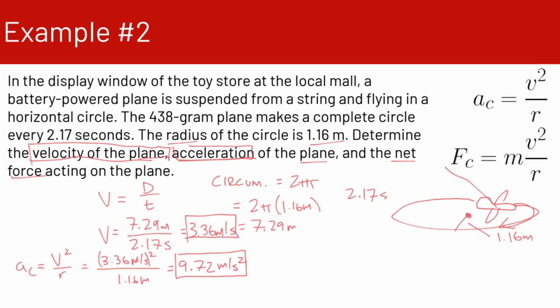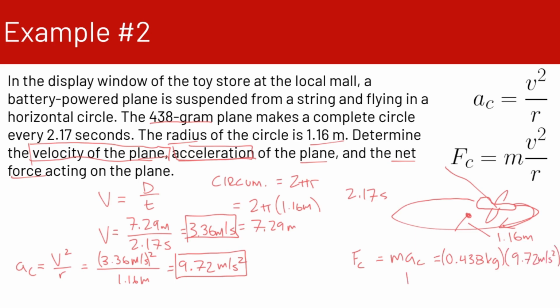And then we want to know the net force. The net force, the centripetal force acting on the plane, is going to be the mass times the centripetal acceleration, or v squared over r, which we just figured out. The mass of the plane is 438 grams, and we want to convert that into kilograms, so that's 0.438 kilograms, times our acceleration of 9.72 meters per second squared.